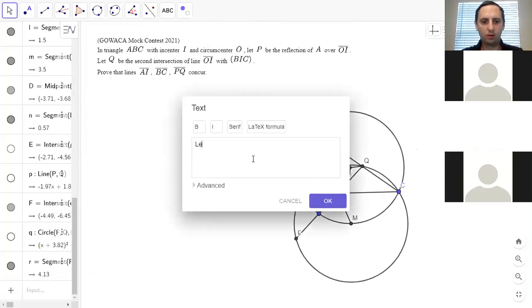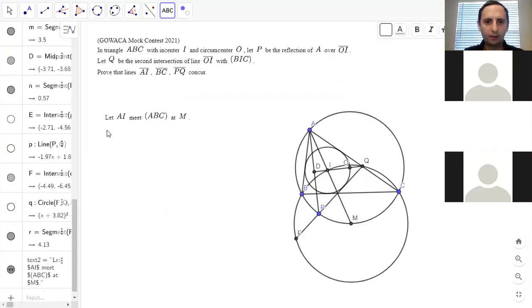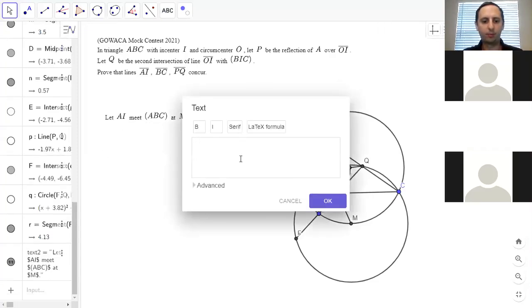So let AI meet the circle ABC at M. And then by the in-center/excenter lemma, M is the circumcenter of BIC. I've been using that a lot lately. I'll just say M is the center of circle BIC.